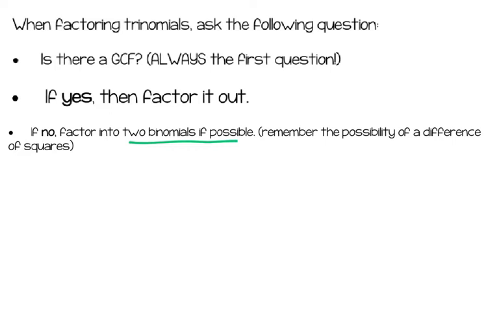It's kind of like if you have 7, what can you factor to get 7? Well, 1 and 7, that's it. So we would call those prime. Now remember that we had something last time called the difference of squares. And I want you to remember about that, because if we have something like x squared minus 9, and I say to factor that, there's no GCF, okay?